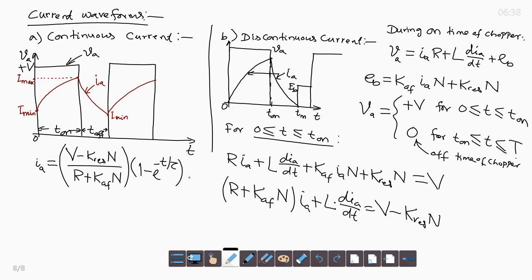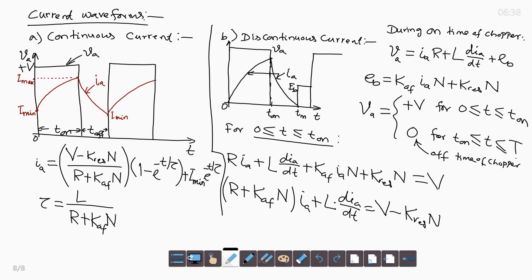Then you have the initial current, which is I minimum into e to the power minus t by tau. Here tau is L by the effective resistance, R plus KF into N. So tau is the electrical time constant.